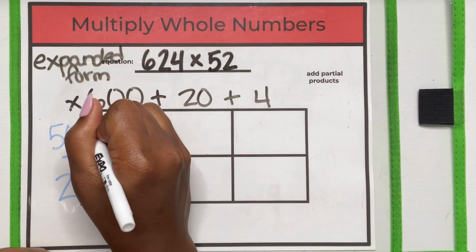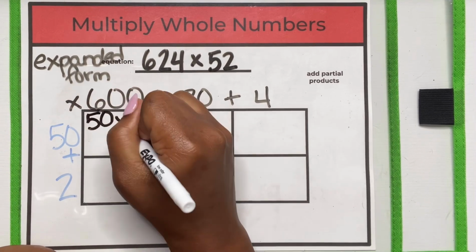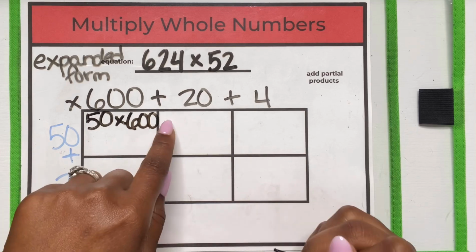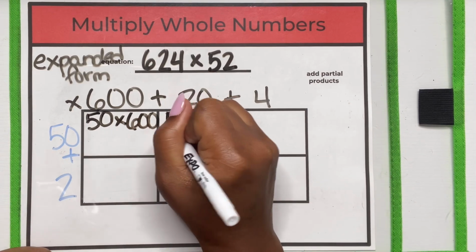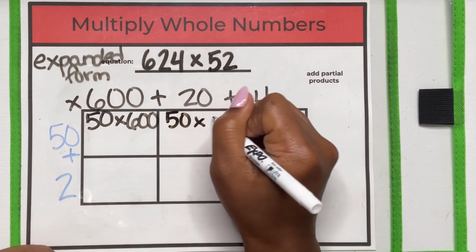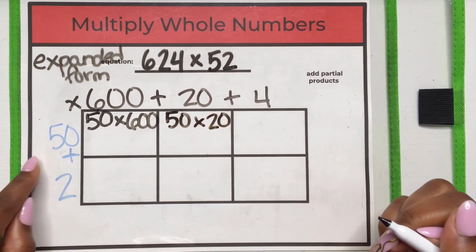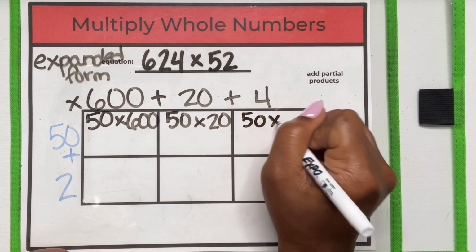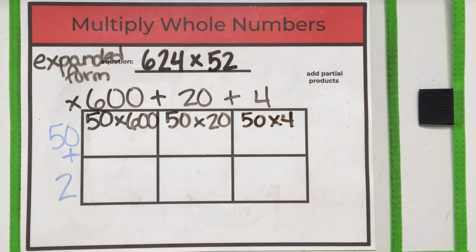50 times 600, 50 times 20, 50 times 4. Pause the video.